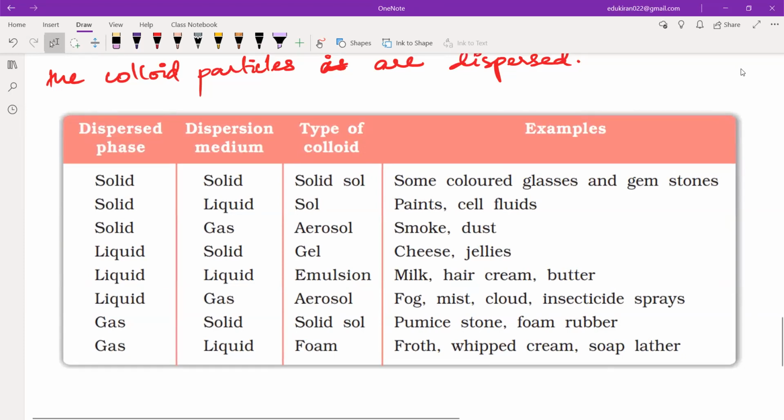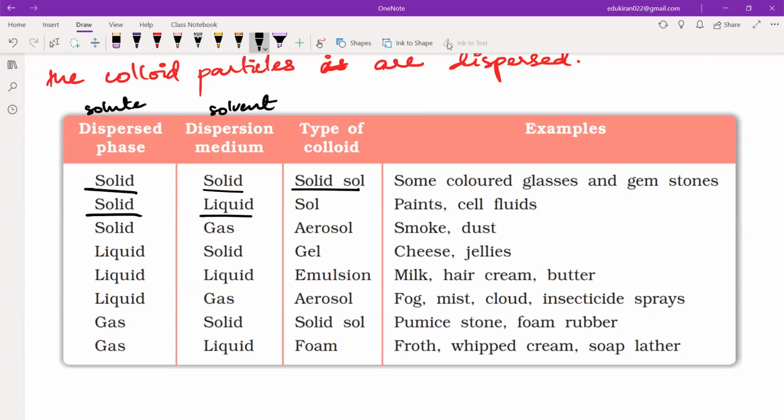This is the dispersed phase and this is the dispersion medium, so remember it like this. This is my solute and this is the solvent. When we have solid and solid, this is known as solid sol. When you have solute which is solid and the solvent which is liquid, it is known as sol. When you add solid to gas, it will be aerosol.